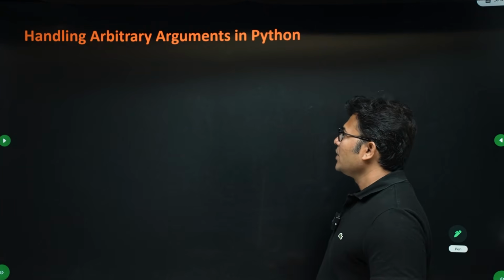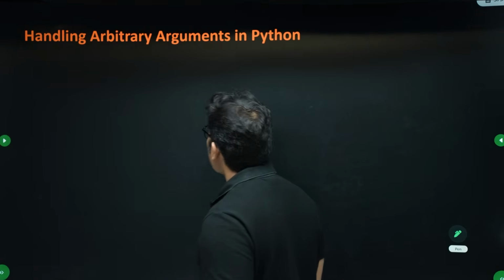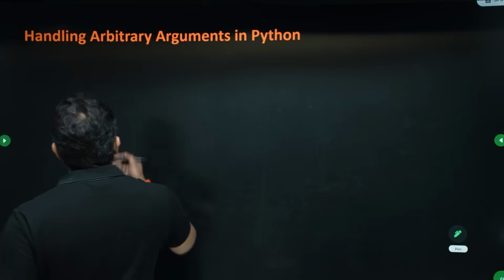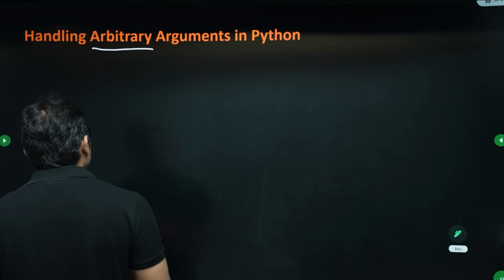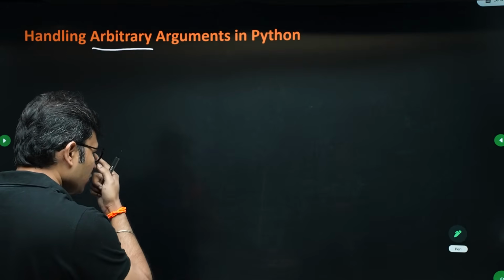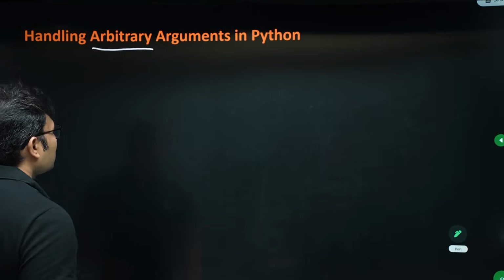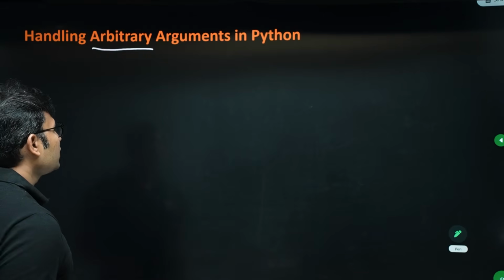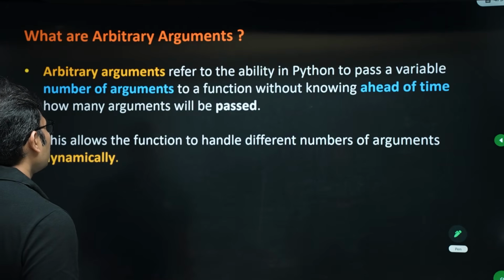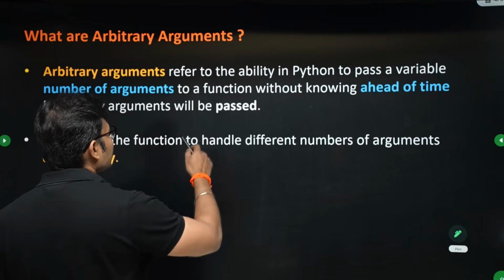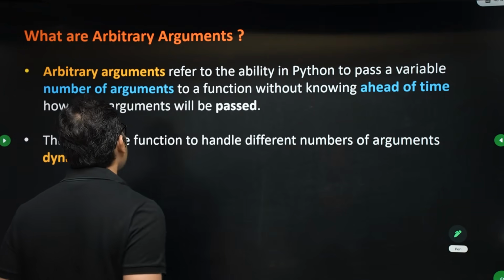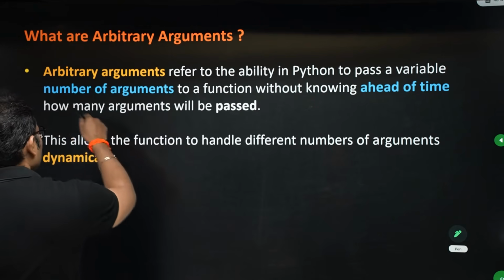Now how are we going to handle the arbitrary arguments in Python? Arbitrary means we don't know in the beginning. Before starting the program, we don't know how many arguments have to be passed to the function. Then how are you going to handle it? Arbitrary arguments can be handled in Python to pass a variable number of arguments.